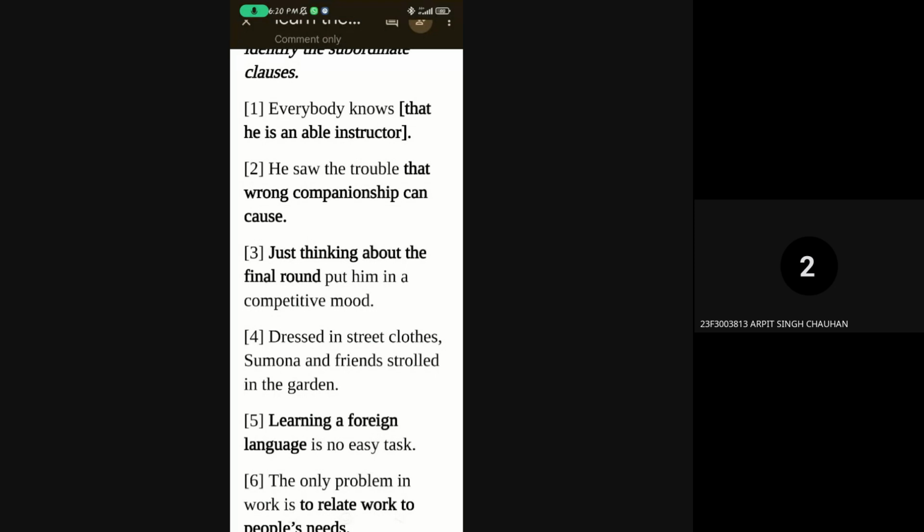The highlighted one: that he is an able instructor, right?